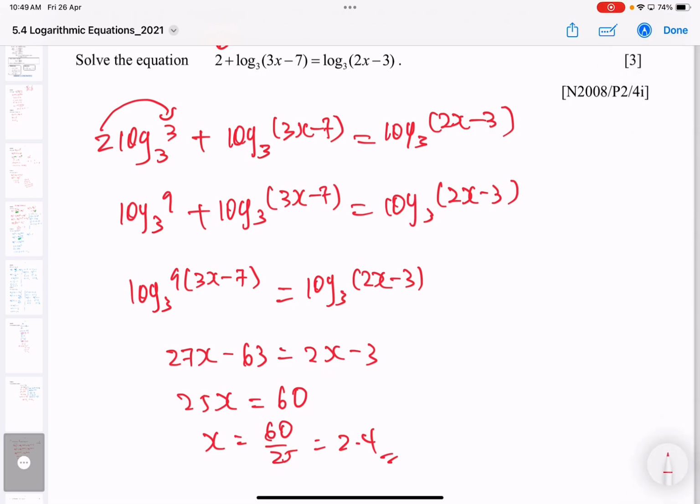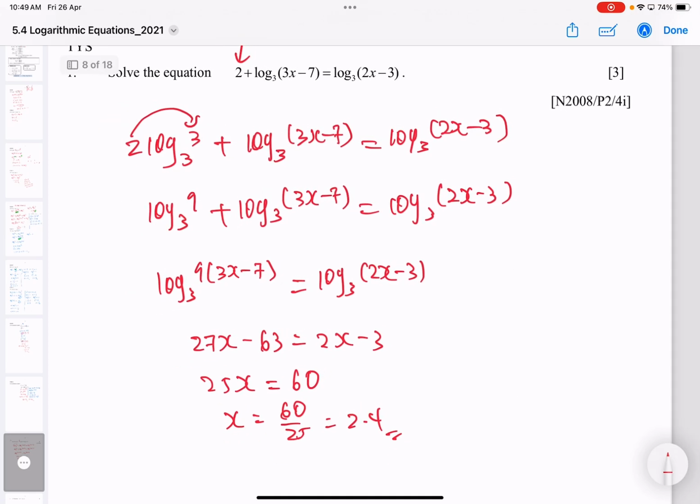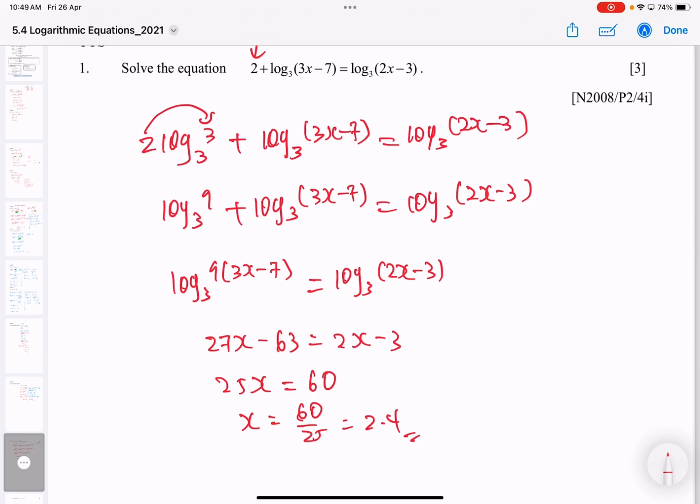So this is for 3 marks. Relatively simple. These are actual O-level questions.